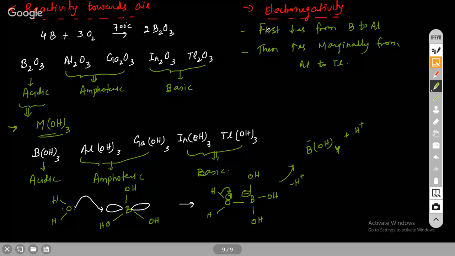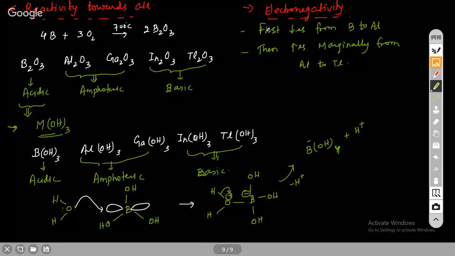Next, you write down, as the size increases, the effective nuclear charge also increases due to presence of fully filled d and f orbitals present between the valence shell electrons and the noble gas core.